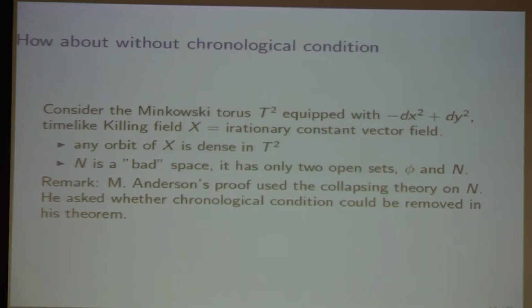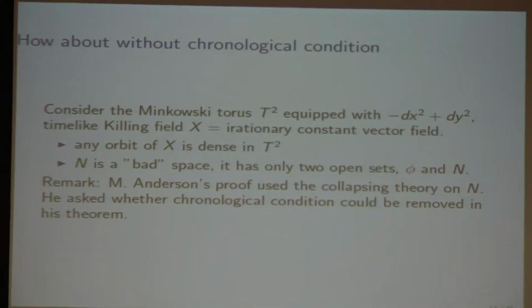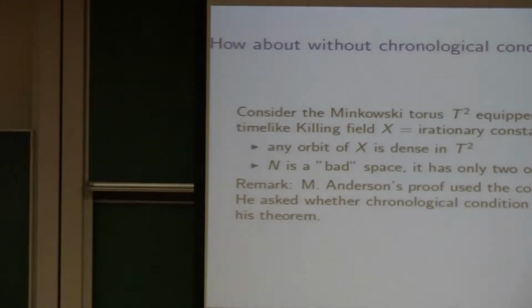So you have an irrational constant vector field. Then any orbit never closes up. So here, then you get here, and then you get here. Yeah, so you can imagine that.